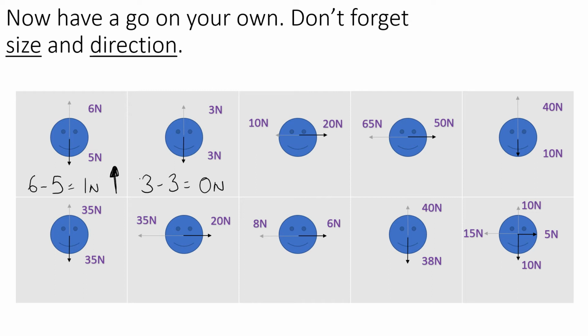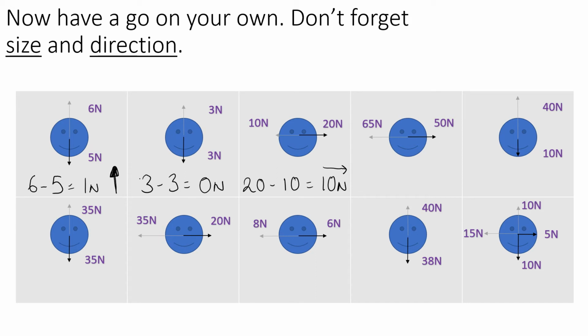Okay, this next one, we've got 10 one way and we've got 20 the other. So 20 minus 10 gives us 10 newtons in the right direction.